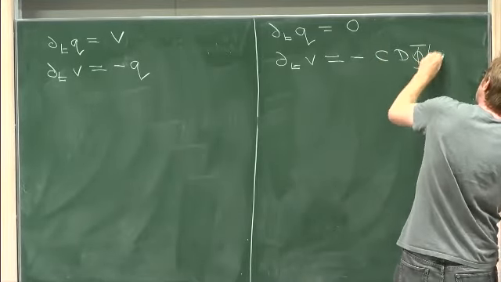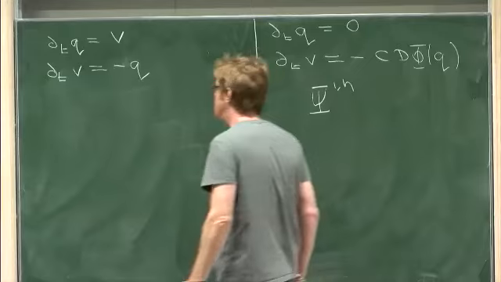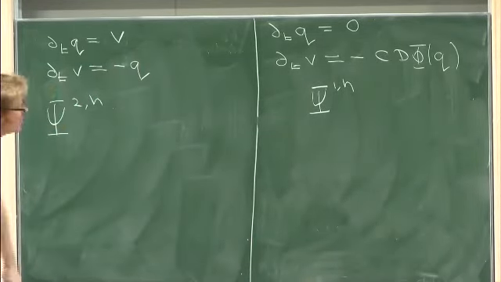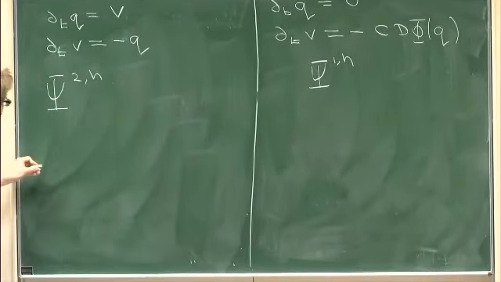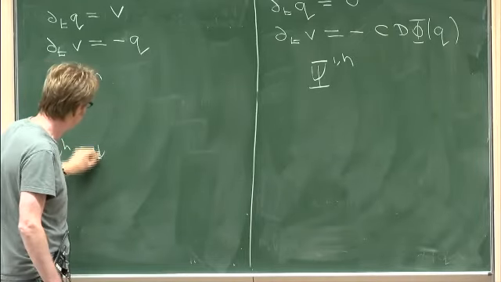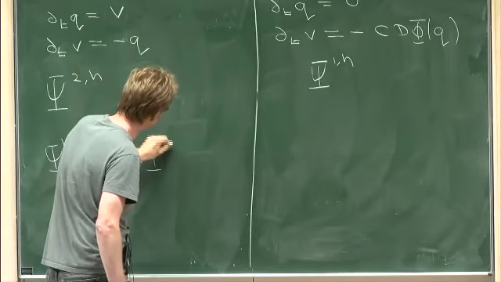I'll call this psi 1 h and this psi 2 h, and then we can do a Strang splitting, if you like, and create a one-step map psi h from these by the usual composition.